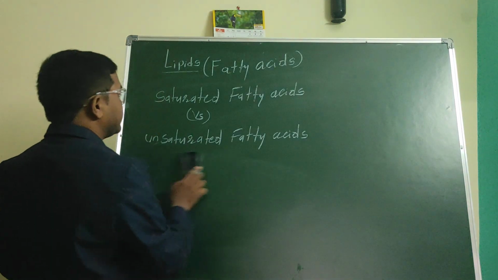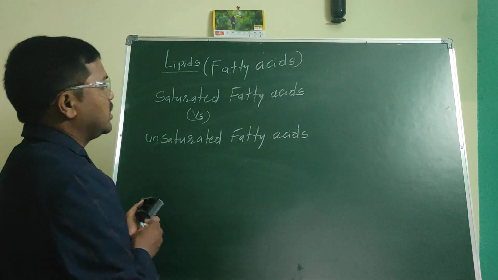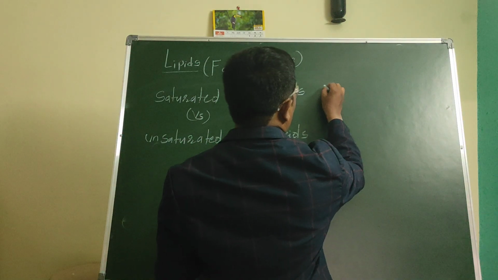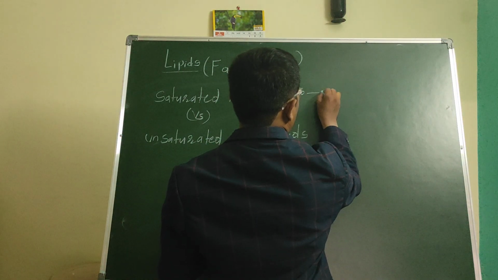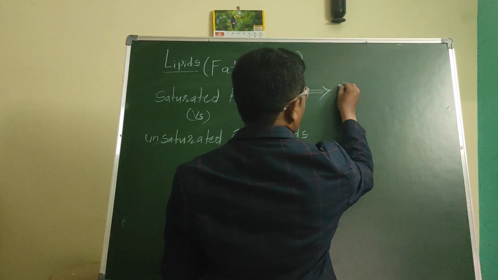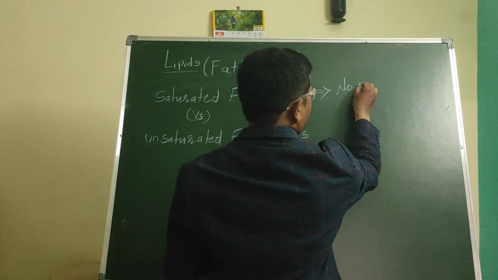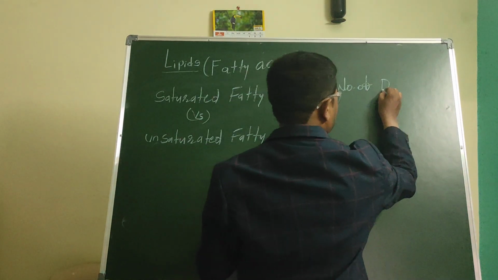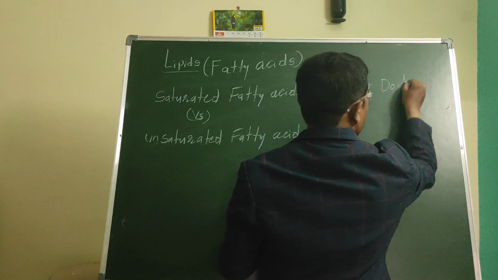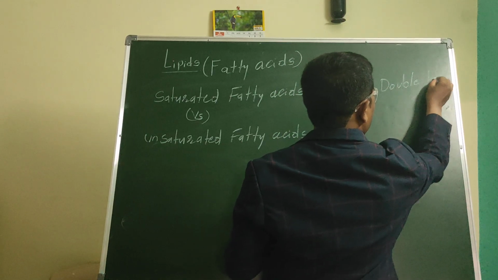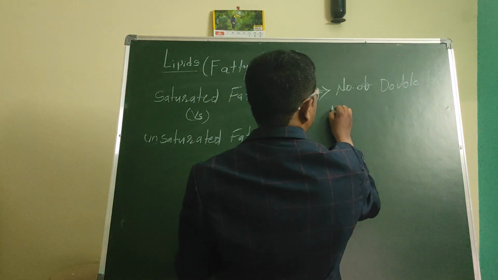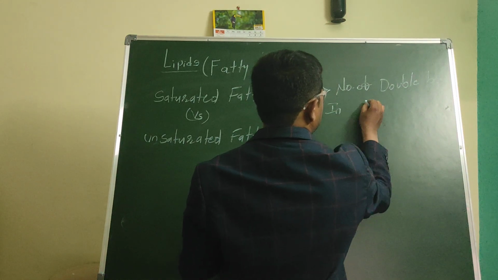In saturated fatty acids, the number of double bonds is 0.